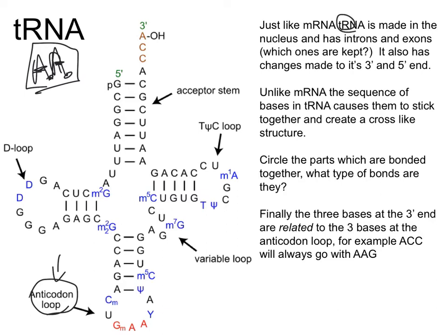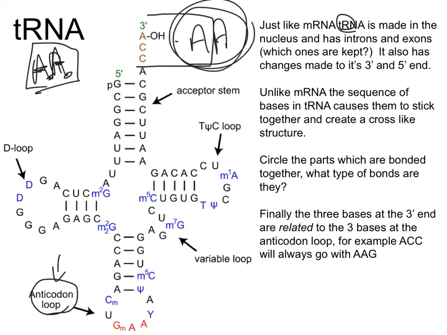This is what transfer RNA looks like. There's a part up here, the 3' part, that is going to bond to the amino acid. So in those other images, when you see a big ball or a circle, that's the amino acid. And then there's the anticodon part here. This is what matches up with the mRNA, so it matches up with the codon of the mRNA.